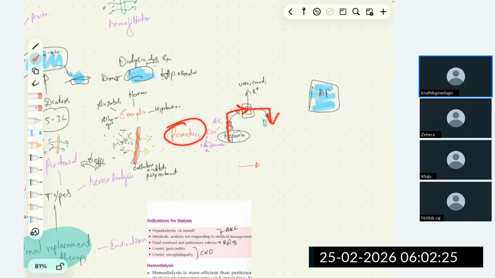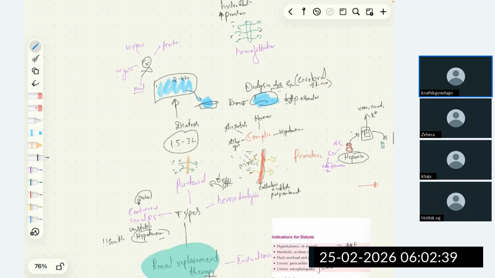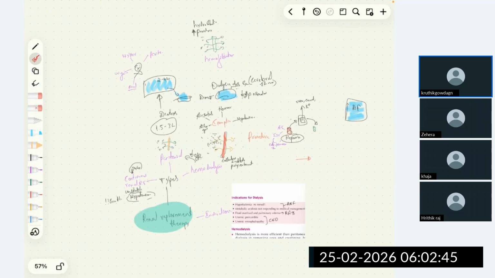The complications: hypotension, hemorrhage, air embolism, allergy, and dialysis disequilibrium syndrome, where cerebral edema is seen. And also, with time, the patient will develop dialysis associated dementia. Now, this is all about hemodialysis.